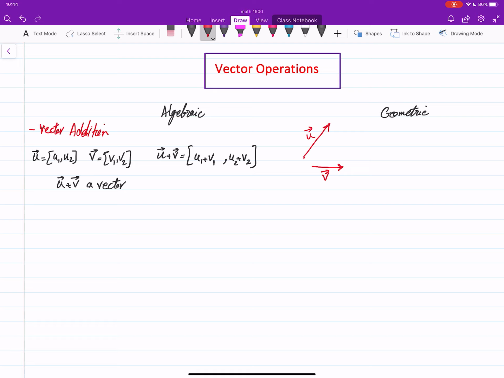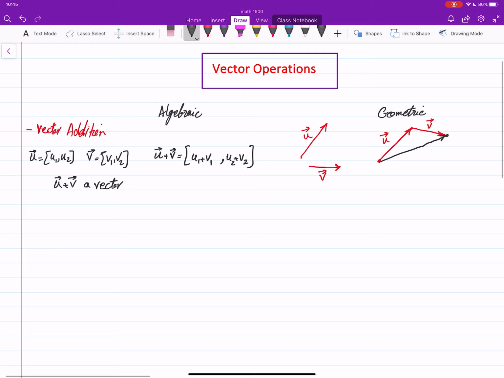If I put u, which takes the tail to the head, and then place v so that its tail is at the head of u, then the final displacement goes from the initial point to the last point that we end up at after going through u and v.